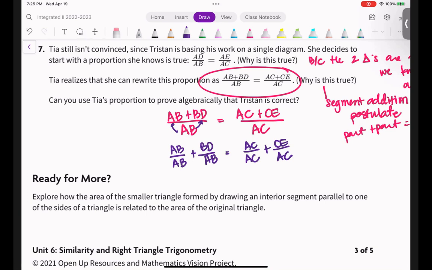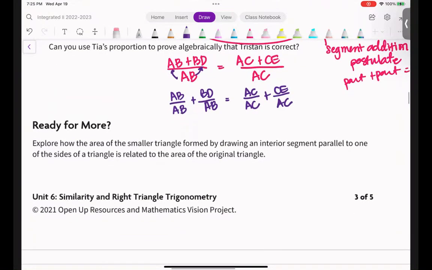Does anybody see anything? Yeah, AB over AB is 1. So I'm going to make this a 1. And I see AC over AC is 1, right? Because both of those are 1s, I could subtract 1 from both sides.